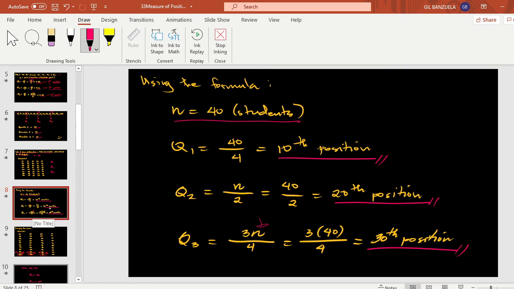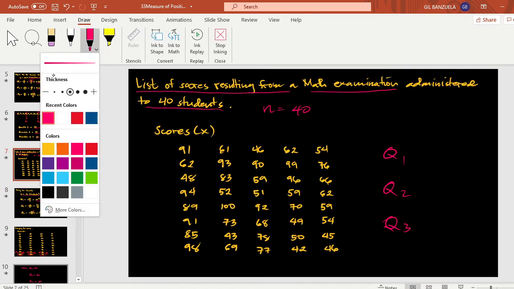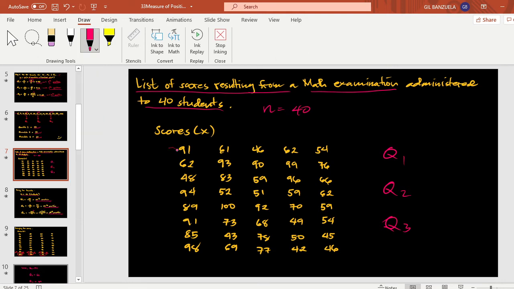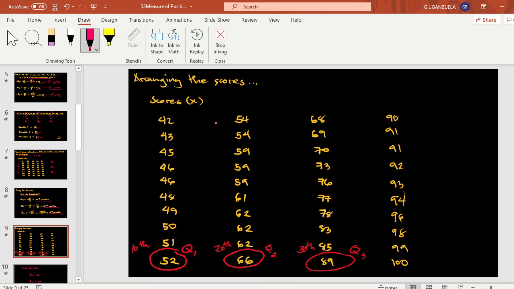And of course, from these scores, we're going to arrange the scores from smallest to highest. So here we go. Let's locate the 10th position. The 10th position is your quartile number 1, so that would be 52. The 20th position for quartile 2 is 66, and the 30th position is 89.